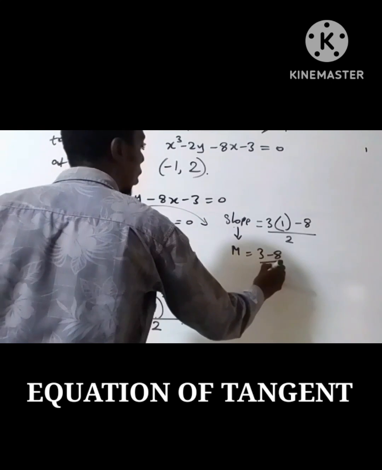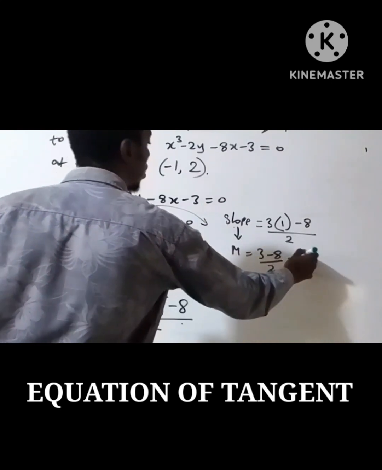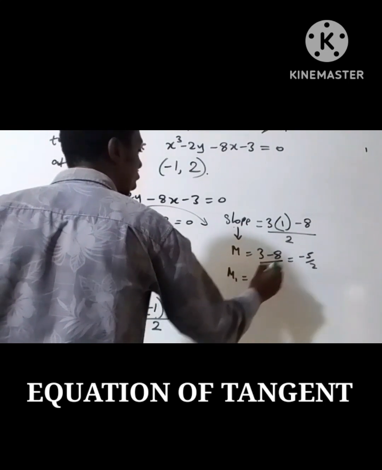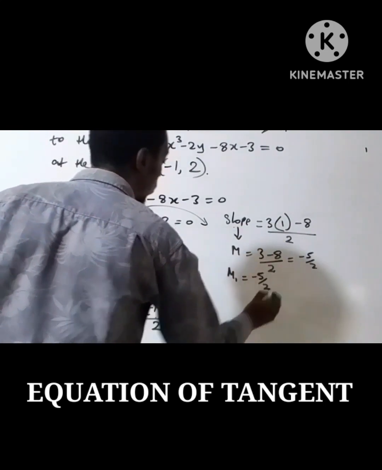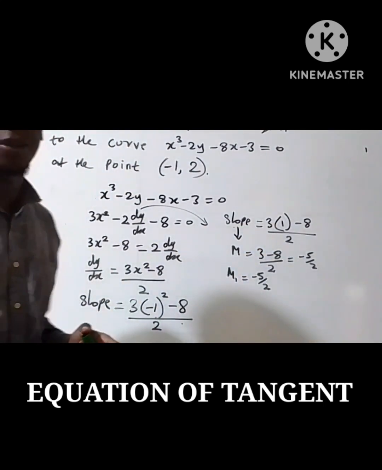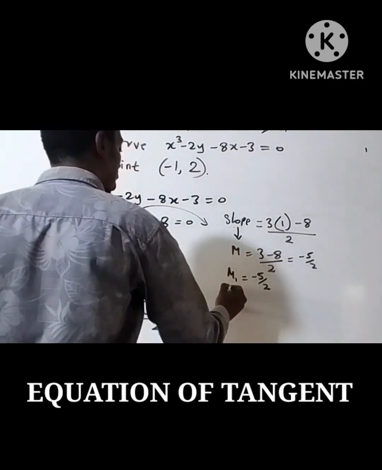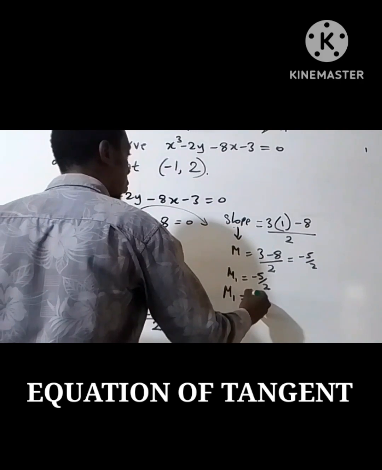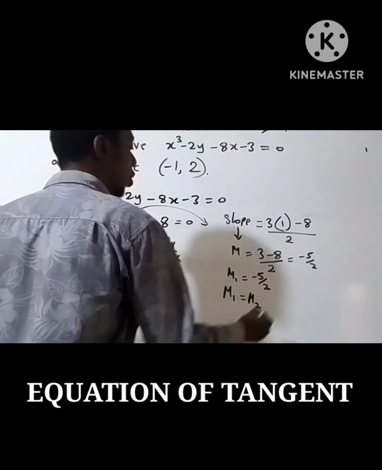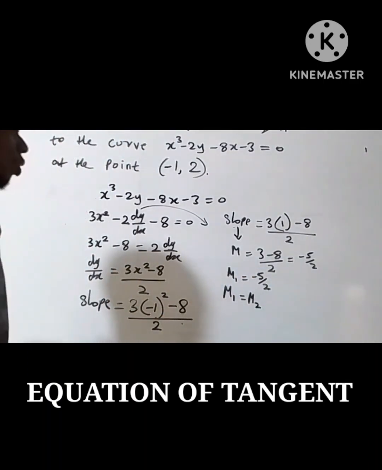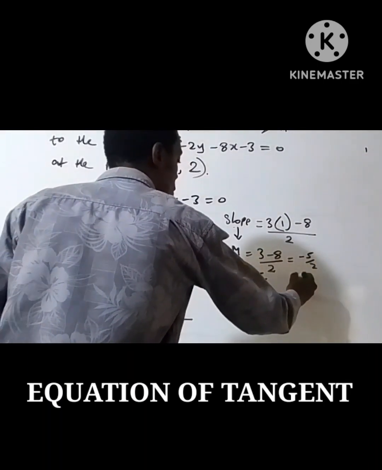Of course, we know that slope is m, so this is the same as saying 3 minus 8 over 2, which will give minus 5 over 2. If you remember vividly, we said earlier that m1 equals m2, so that means m2 is also minus 5 over 2.